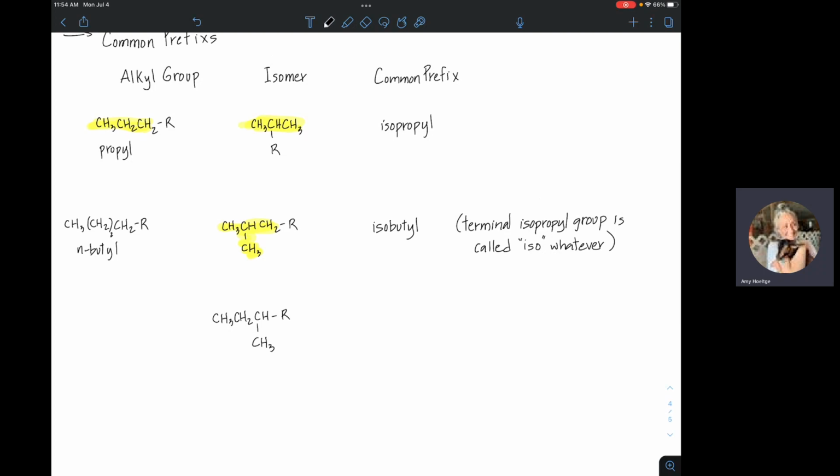So we have a prefix for that. And we call it sec. So sec-butyl. So in this case, we have R, whatever that may be, is on the second carbon in the butyl group.